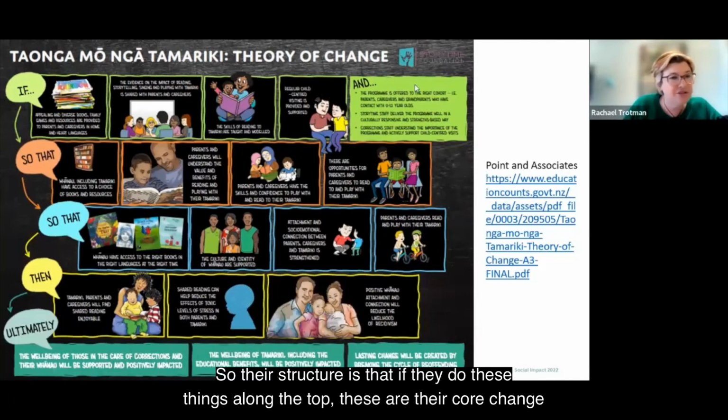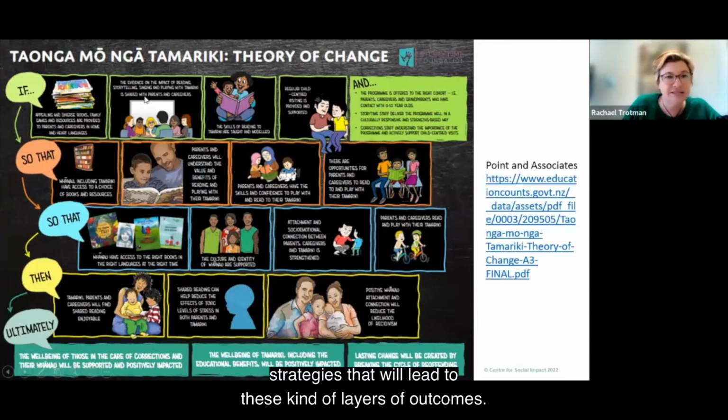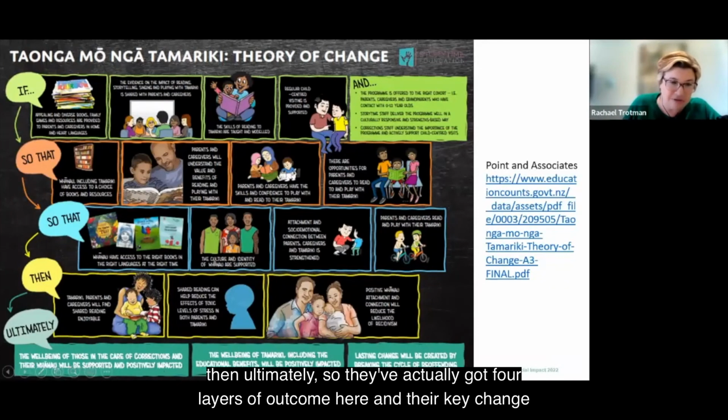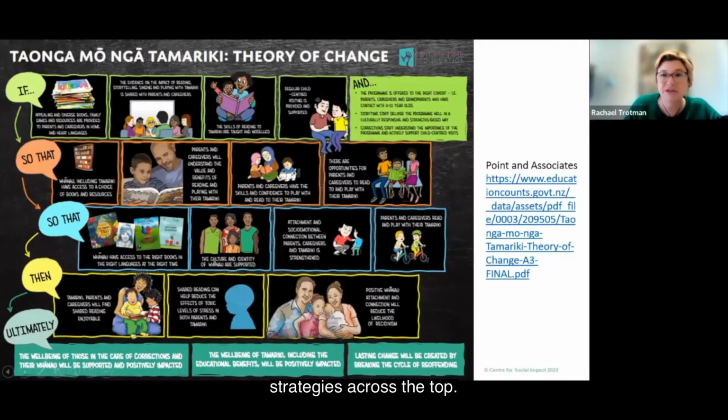Their structure is that if they do these things along the top, these are their core change strategies, that will lead to these layers of outcomes. In the short term, they'll see these things, and then these things, and then longer term, and then ultimately. So they've got 4 layers of outcome here, and their key change strategies across the top.